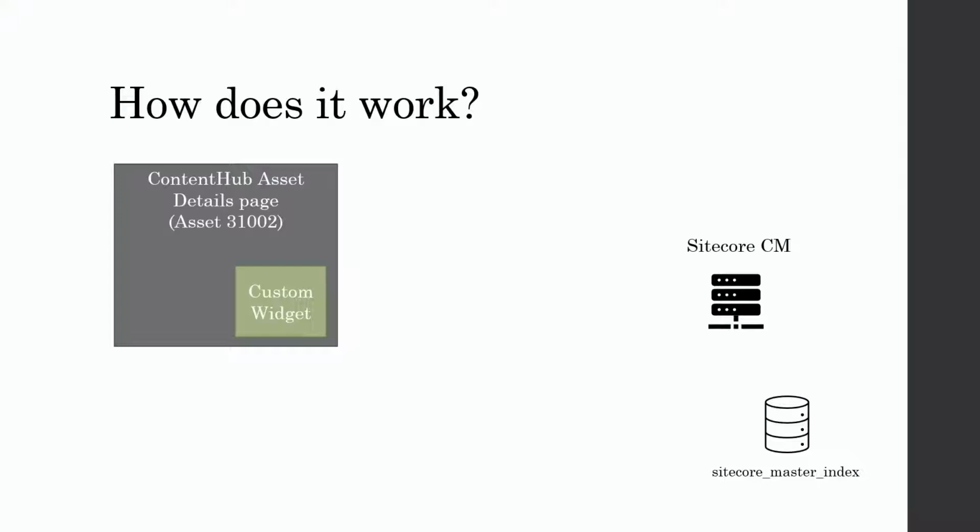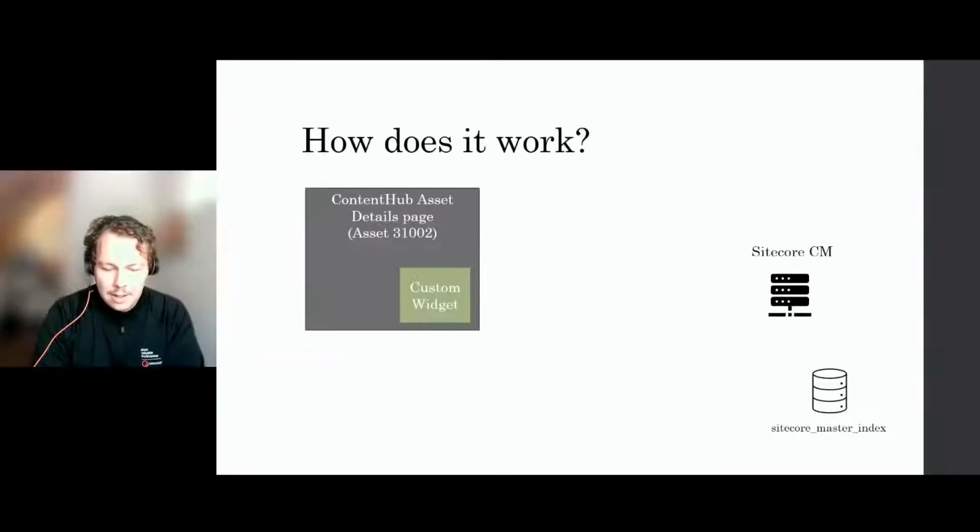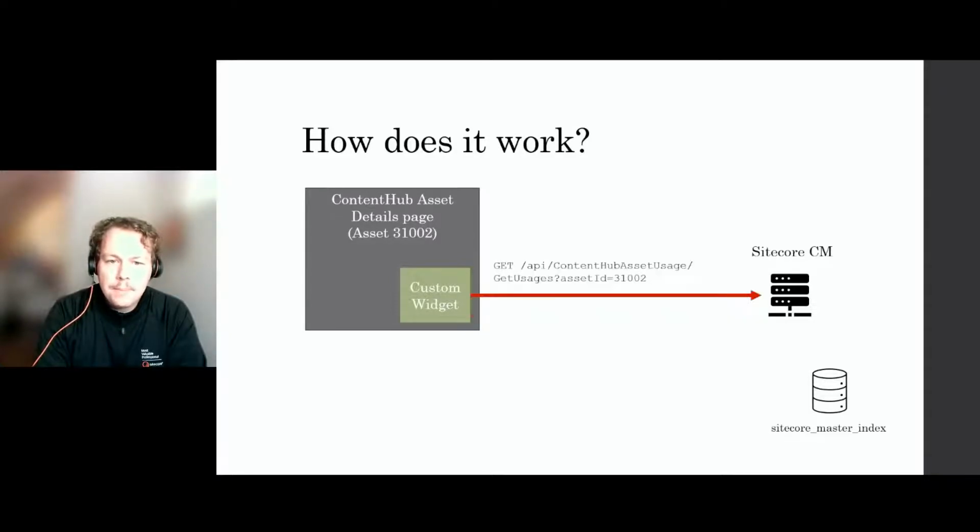So how does this work? It's a bit on the creative side, the way we implemented this widget. It is a widget, an external component, how it's called on Content Hub. And this external component built in JavaScript calls the Sitecore CM and says, give me all references for asset 31002.